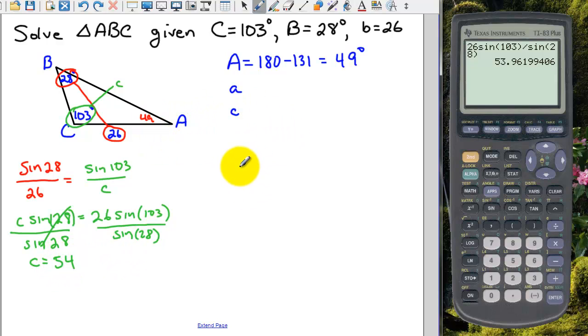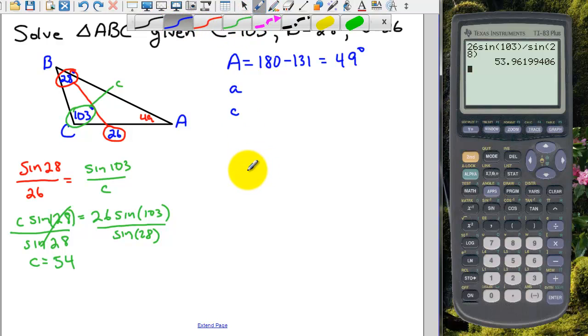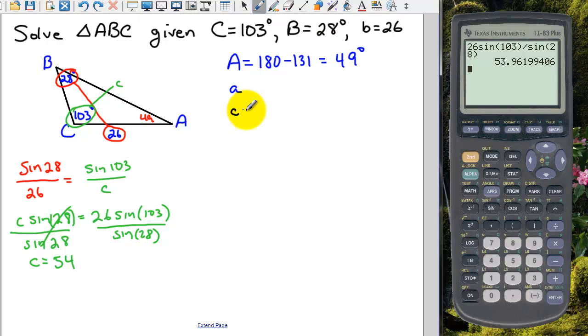And we will have to set up a similar pair for A. Let's put this up here, we had 54. To do A, we can use again one of these pairs. It'll be more accurate if we take the given information that was exact as opposed to side C where we rounded.